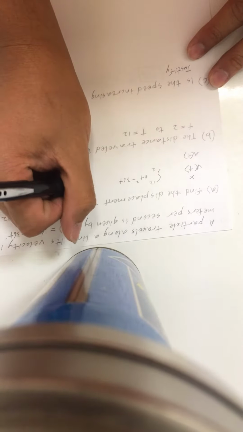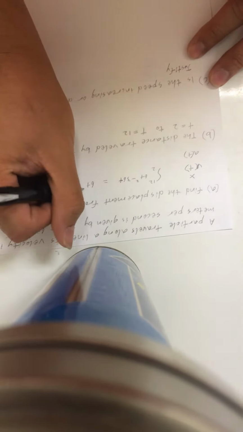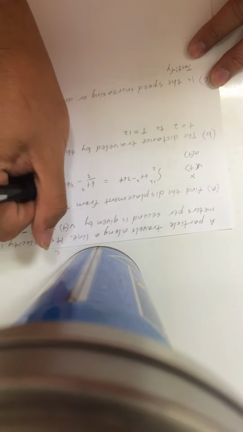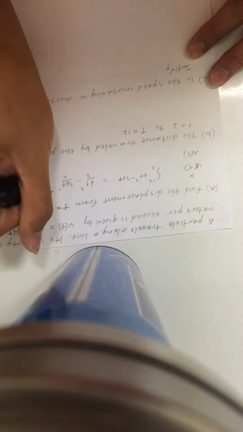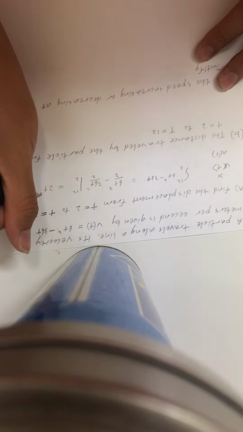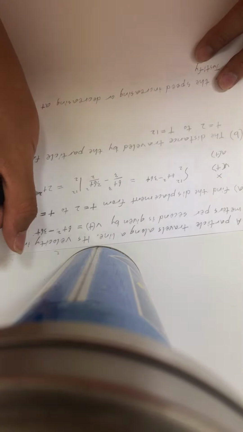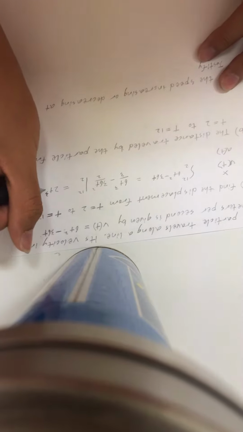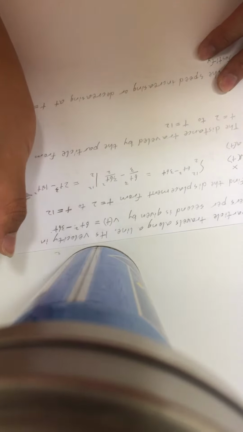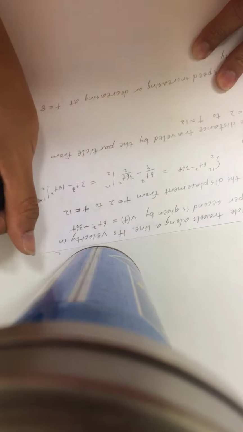And doing the integral would get me 6t cubed over 3 minus 36t squared over 2 from 2 to 12, which would be the same as 2t cubed minus 18t squared from 2 to 12.